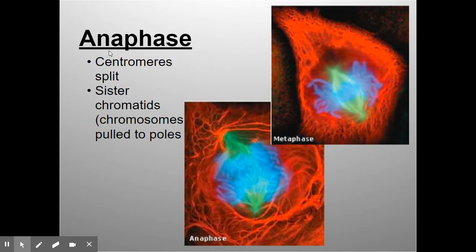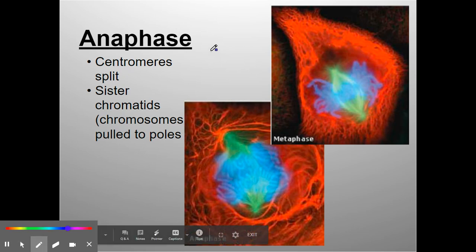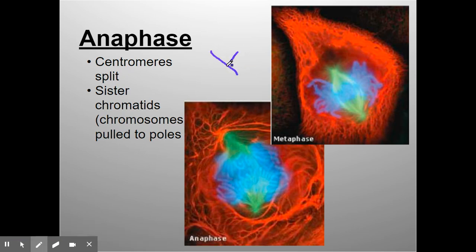After metaphase, there's anaphase. Your centromeres split, as well as your sister chromatids. They get pulled apart. Your X starts as your X-looking chromosome, and each side is a chromatid.